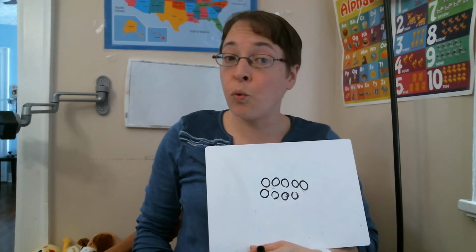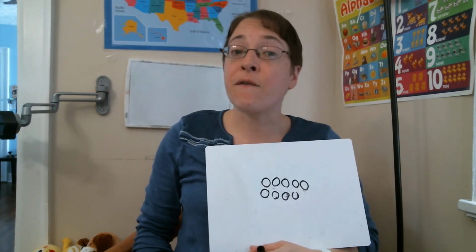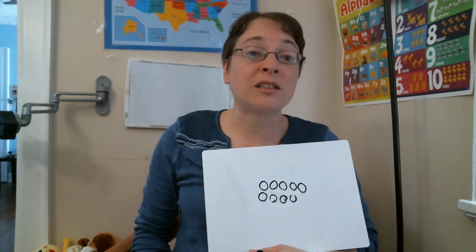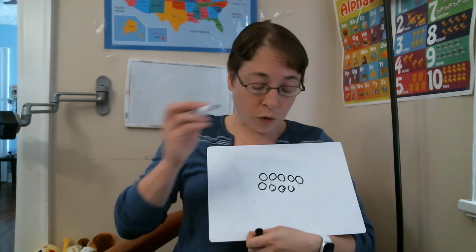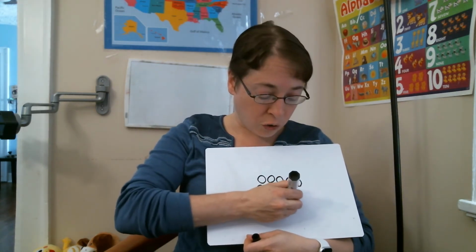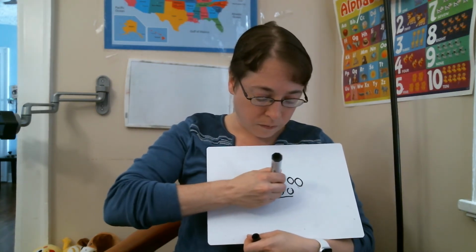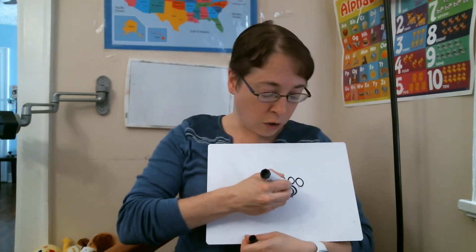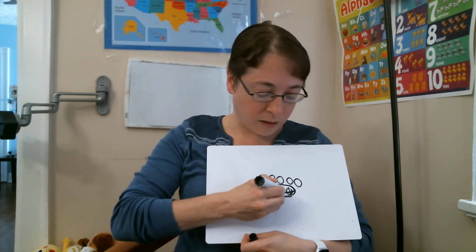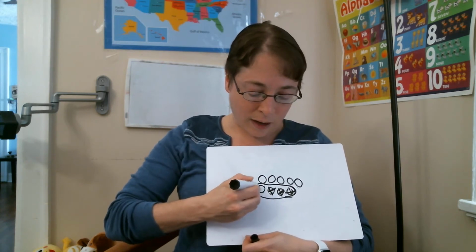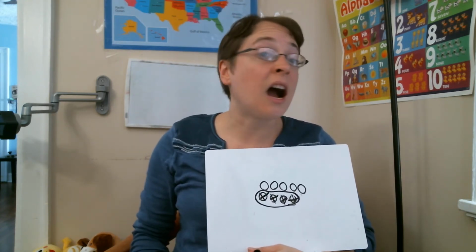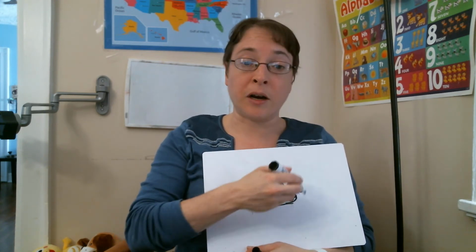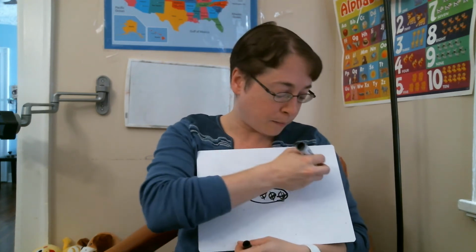How many are white? 4. How many are not white? So we're going to circle the 4 that are white, and we can also cross them out because we want to find out how many are not white. So let's make our number bond for this problem.